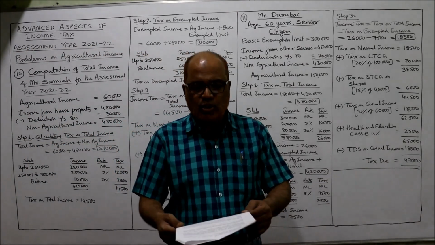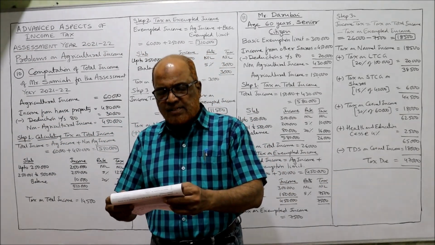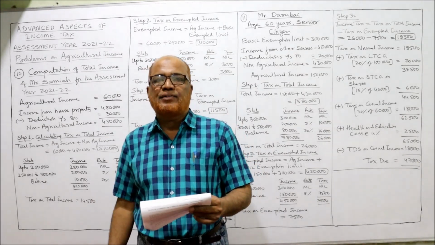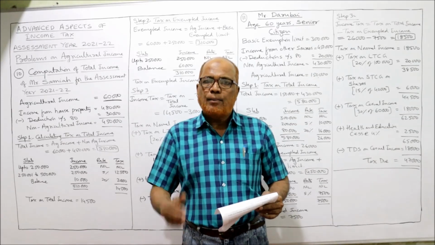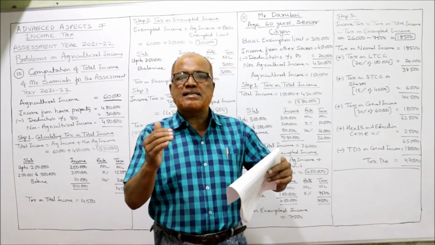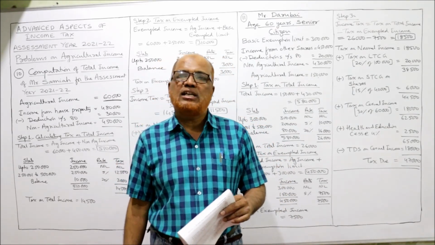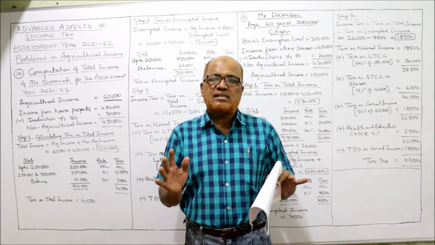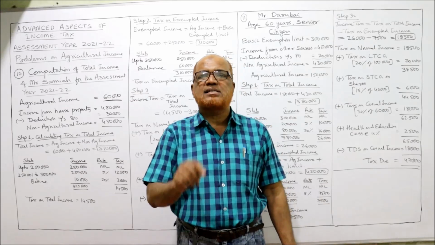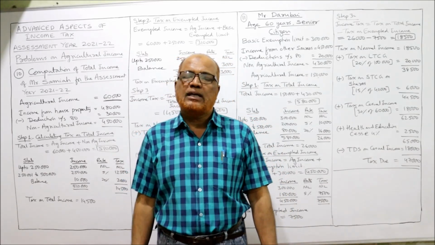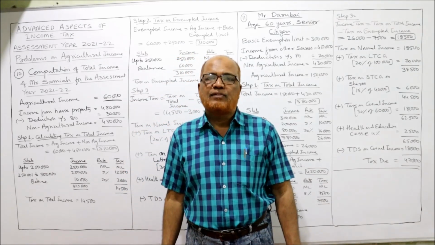See the 10th problem. Mr. Samia, age 50 years. 50 years means non-senior citizen. Below 60 years, an assessee is called a non-senior citizen, and the basic exemption limit for a non-senior citizen for the current assessment year 21-22 is 2,50,000.